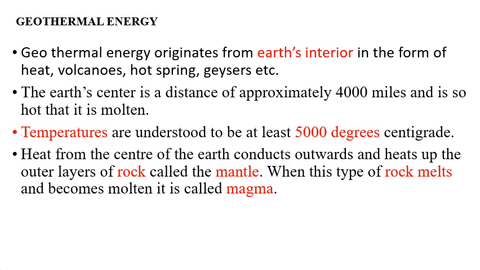The heat from the center of the earth conducts outward and heats up the outer layer of rock, which is called the mantle. When this type of rock melts and becomes molten, it is called magma.